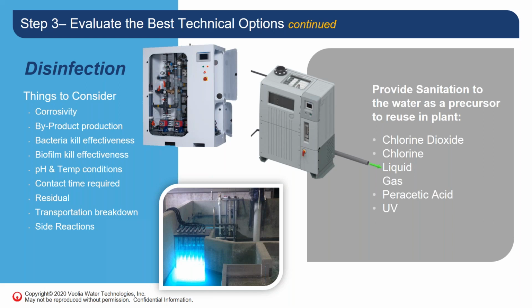There are many different options, from chlorine derivatives to chlorine dioxide, peracetic acid, and ultraviolet light. So many options that you need to consider and be aware of as you go to that step in a reuse system.